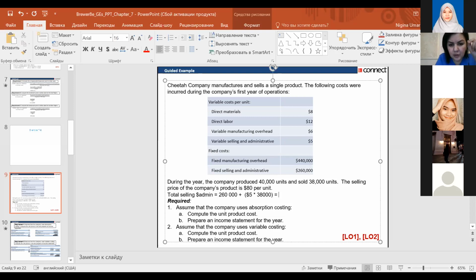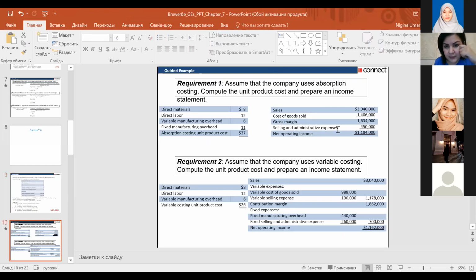Can you calculate? 450,000. Yes, exactly, 450,000.